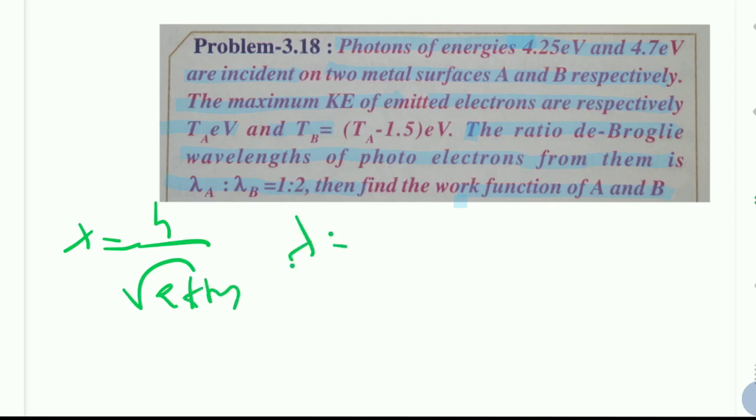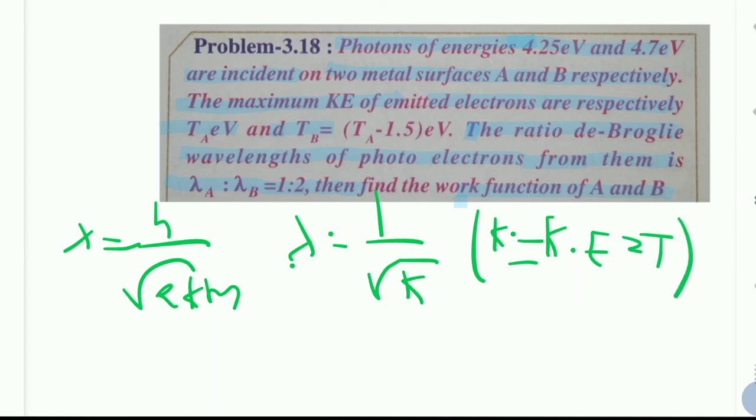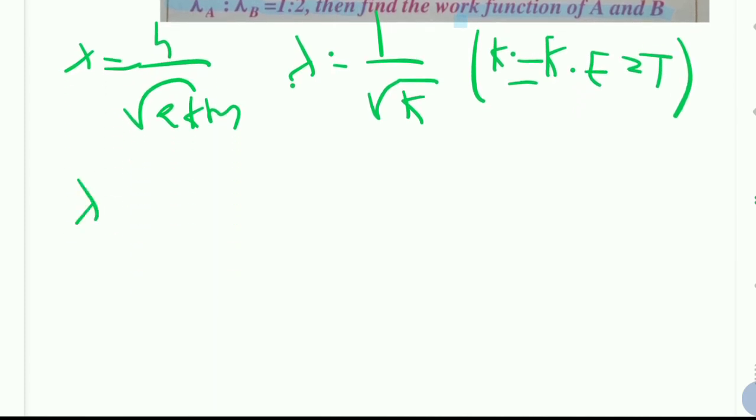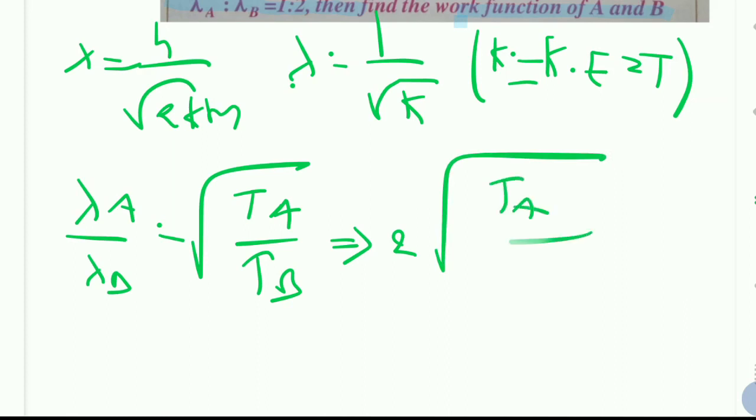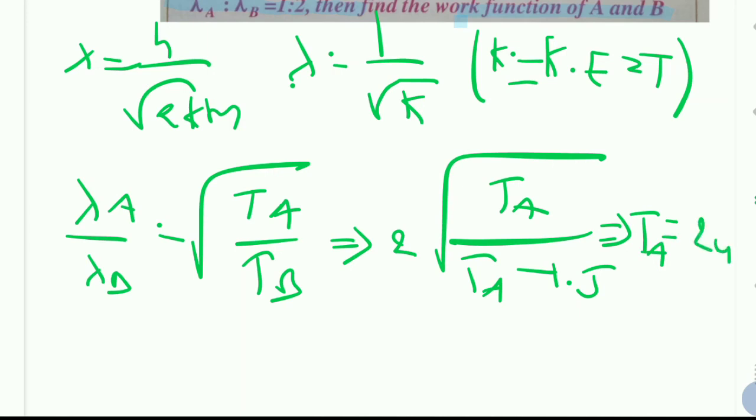So lambda is proportional to 1 by under root K. Then lambda a by lambda b is equal to under root Tb by Ta, which is 2 into under root Ta by Ta minus 1.5. So Ta is equal to 2 electron volts.